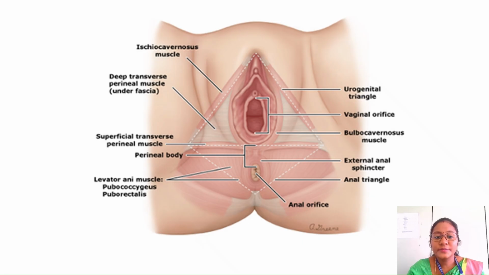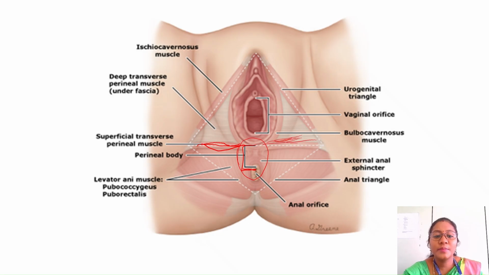See the diagram. This is the perineal body, in this region. This is the most superficial muscle, the superficial perineal muscle. This part is the perineum. Then there is the superficial perineal muscle, and this is the deep perineal muscle.